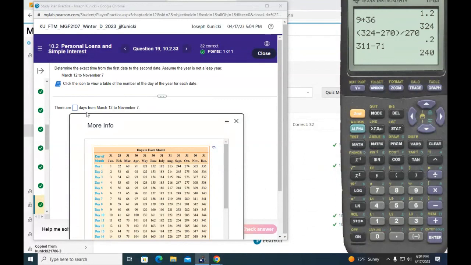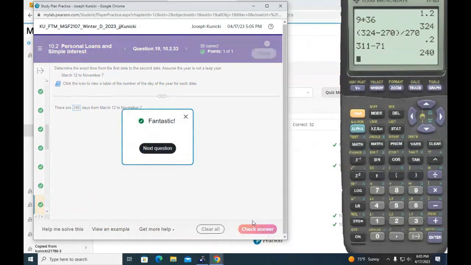So 240 days. Now notice we don't count March 12th, because you don't count the first day that you got the loan. You didn't really use it until the end of that day. So you don't count that day, because you're subtracting this minus this. So it automatically works out. So 240 days. All right?